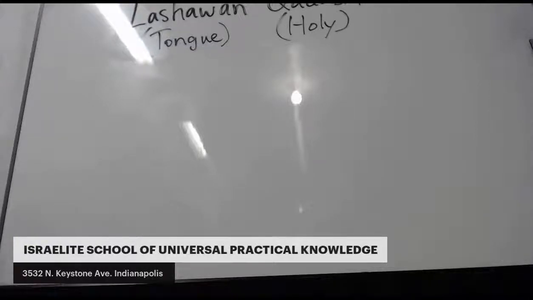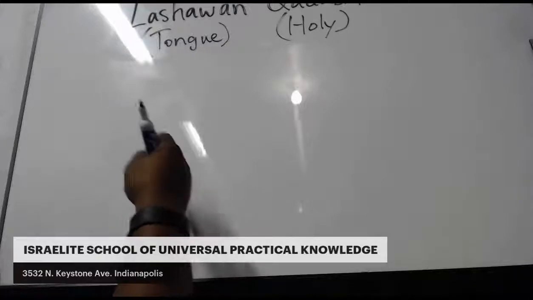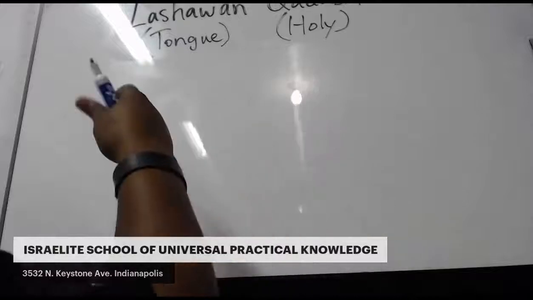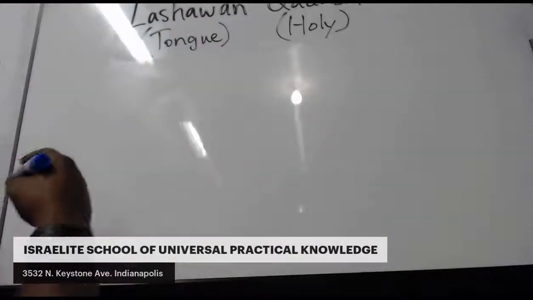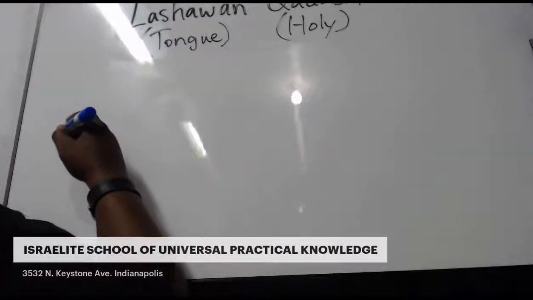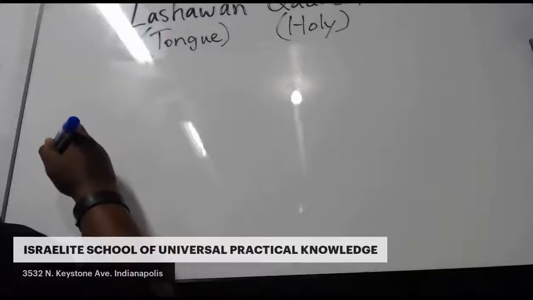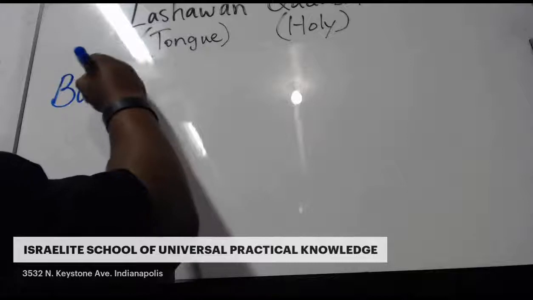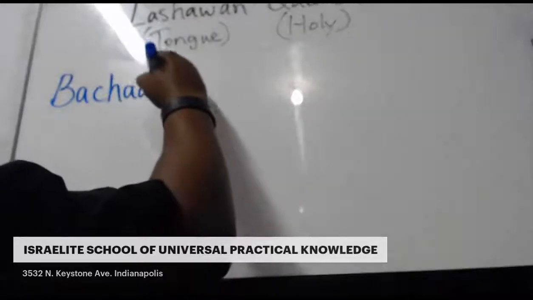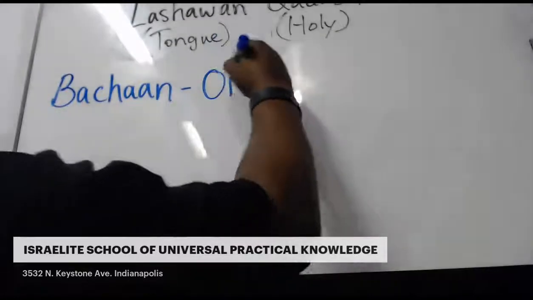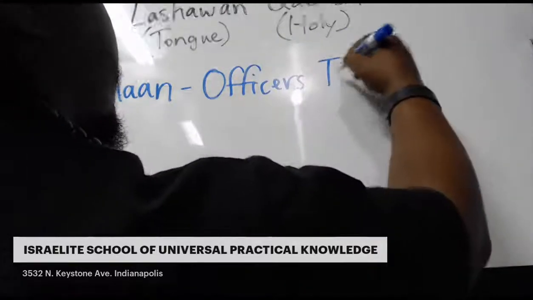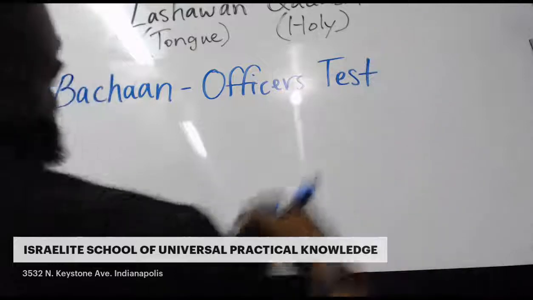To get up past the rank of a Yalad and a Khayayal, you have to pass a Bakhan. You have to pass a Bakhan to get to the higher ranks.